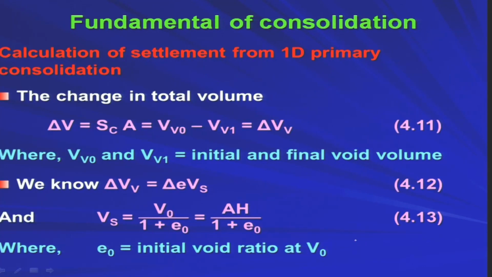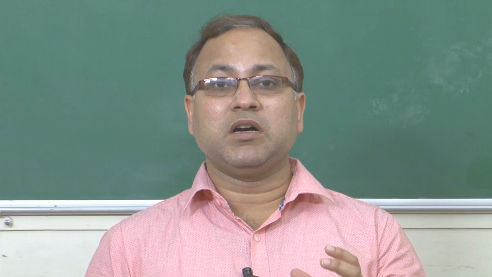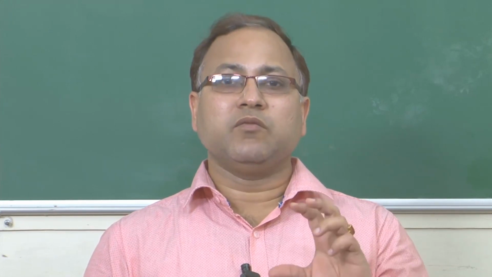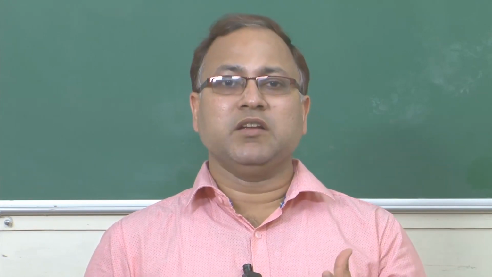Now, the change in total volume delta V, as we have already seen, is equal to SC into A, and it is equal to V V naught minus V V 1. What is V V naught? V V naught is the initial void volume, and V V 1 is the final void volume, because whatever volume change you are going to observe is simply the volume change in the void space.